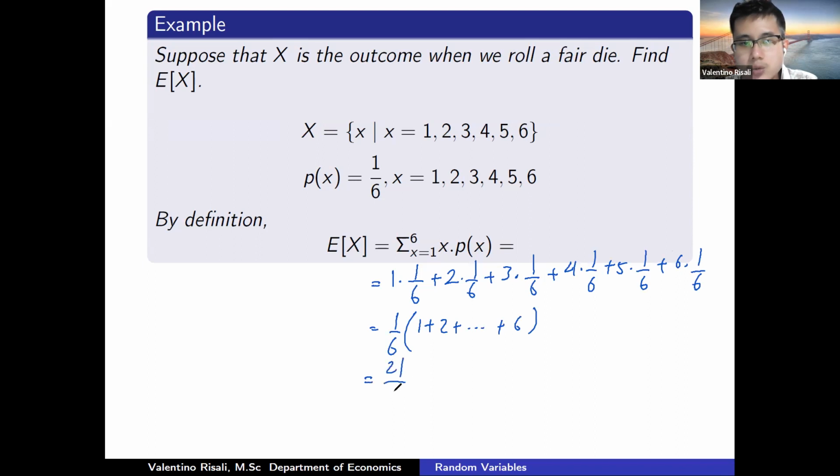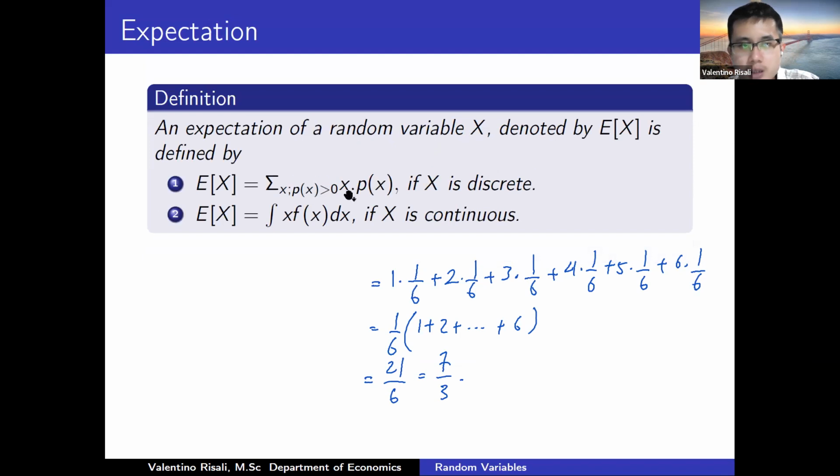It is equal to 7/3, and the expectation of this random variable is 7/3. Just multiply the little x with its probability for the expectation, and sum over all the x with probability not 0. This is important.